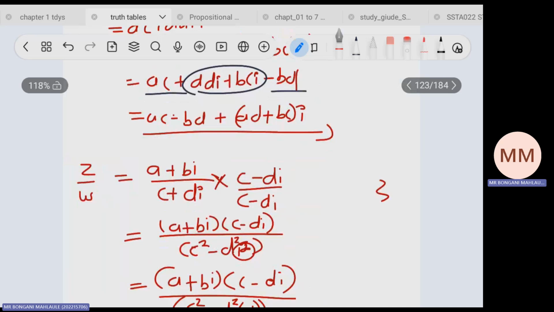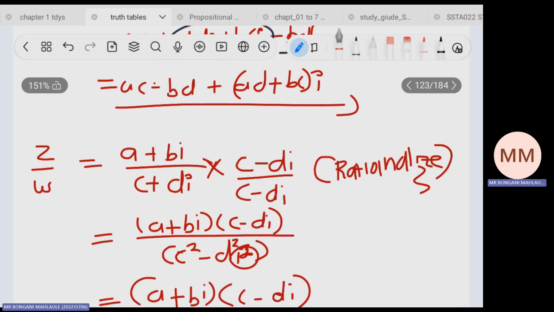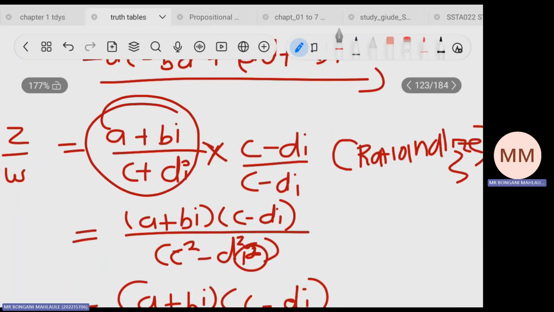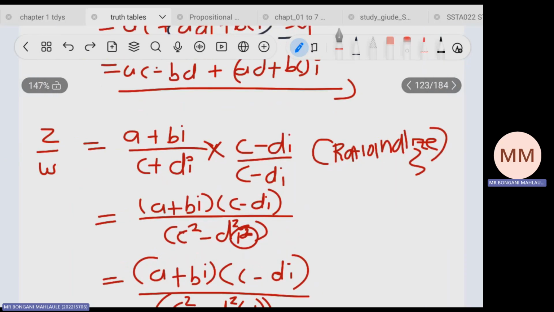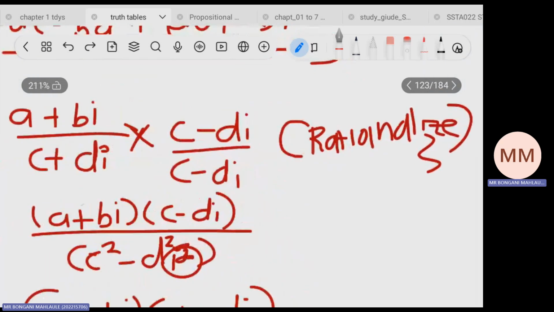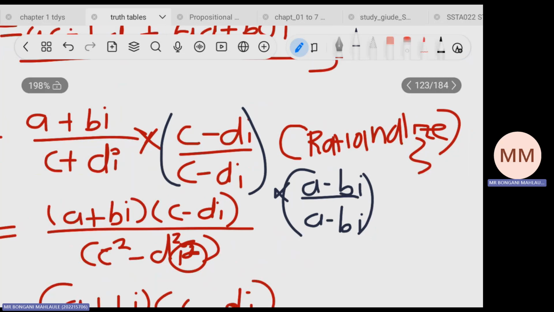So you rationalize, that's the key word. You rationalize whenever you're doing the division of two complex numbers. You can even rationalize twice. I believe you're going to get the same answer, meaning I could have multiplied here by a minus bi, and also this one.